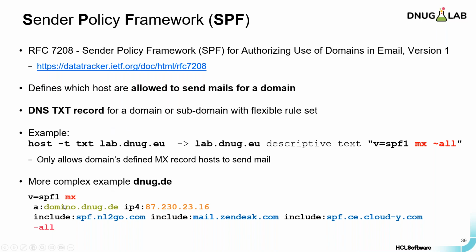It says, allow this IP, include everything from this provider, from that provider, and also from factor Y, because some servers are hosted at factor Y, and then decline everyone else, right? And on top of that, you add your own MX records. So you always will find MX and minus all, and everything between is additional.